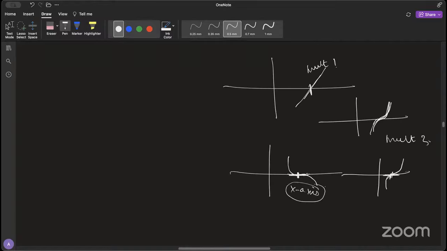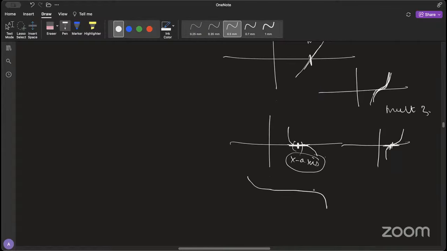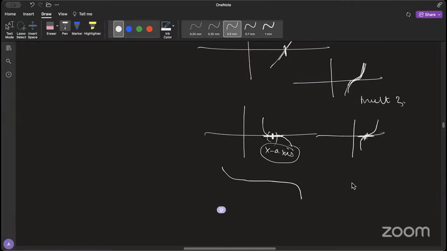Flattening means that if you zoom in on this area, it will look like this. You can try this on Desmos or some other graphing application by plotting x cubed, and you will see it looks flat if you zoom in. That's what we mean by flattening.